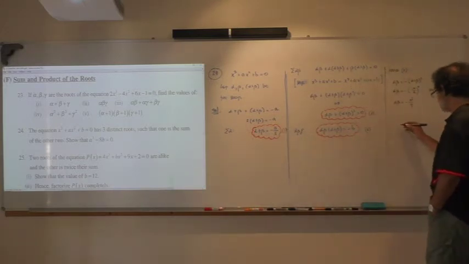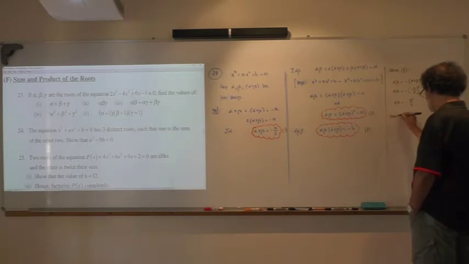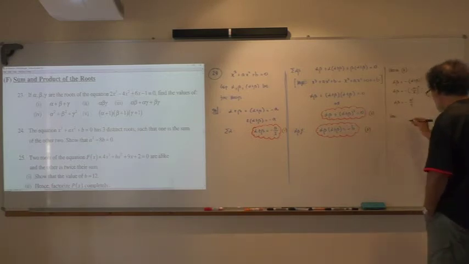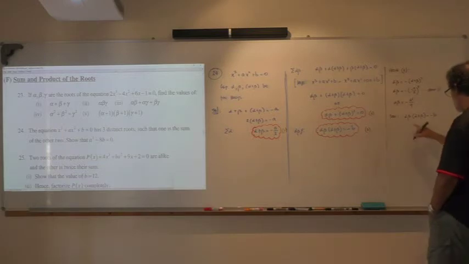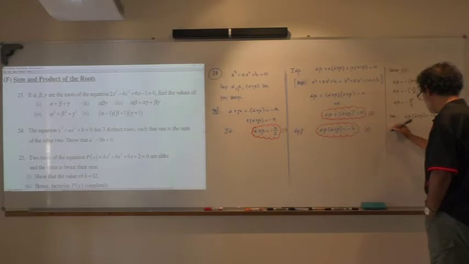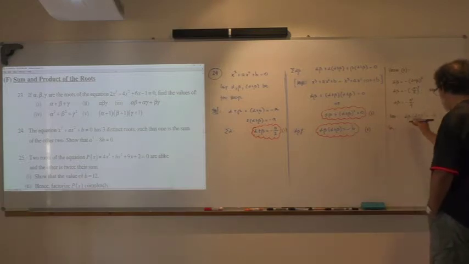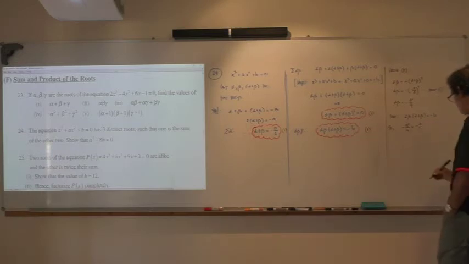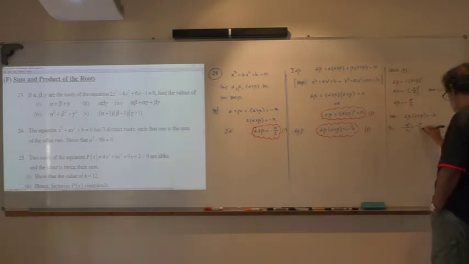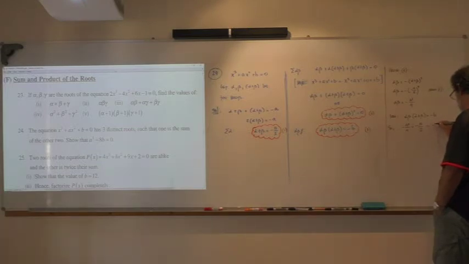Now, alpha beta multiplied by alpha plus beta is equal to negative b, and then we're going to substitute. We have that negative a squared over 4 multiplied by negative a on 2 is equal to negative b.